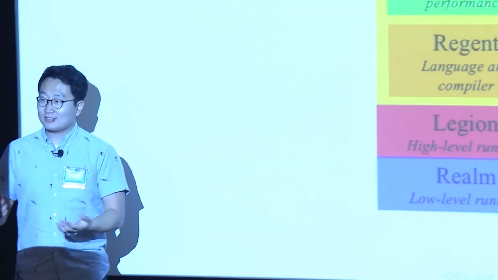Flexi itself is an implicitly parallel programming model. If you write a program in Flexi, it will compile down to Legion and execute on Realm. And there are other DSLs that are targeting Regent. You just write a program in the DSL, and that will be translated into Regent and Legion, and eventually Realm.